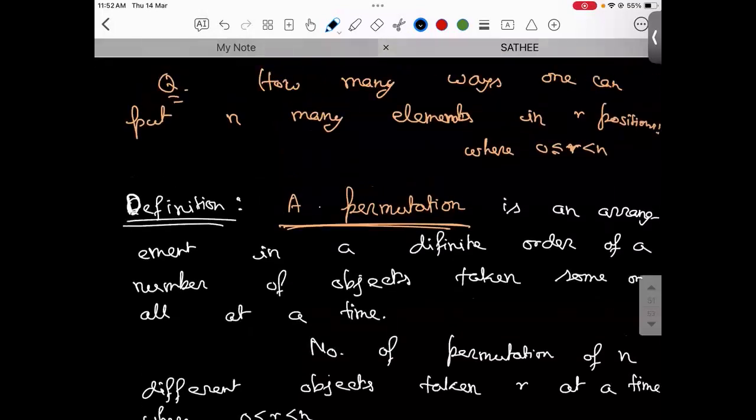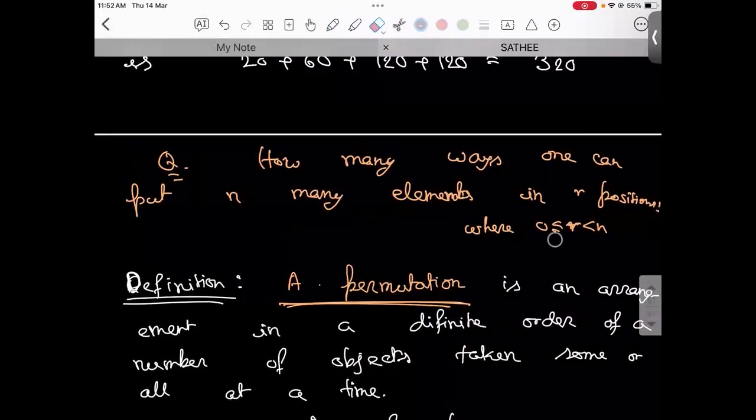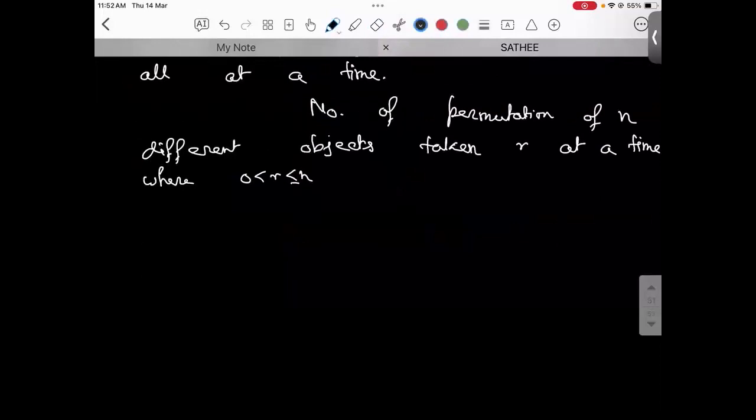I have written something wrong here, maybe. Yes, R is greater than 0 and less than or equal to n. Okay, fine. R at a time, where R is greater than 0 and less than or equal to n, and the objects do not repeat.